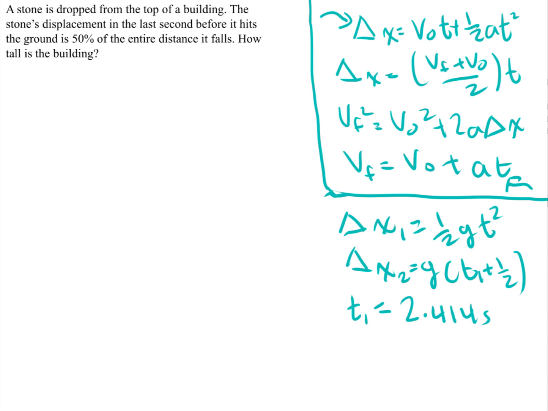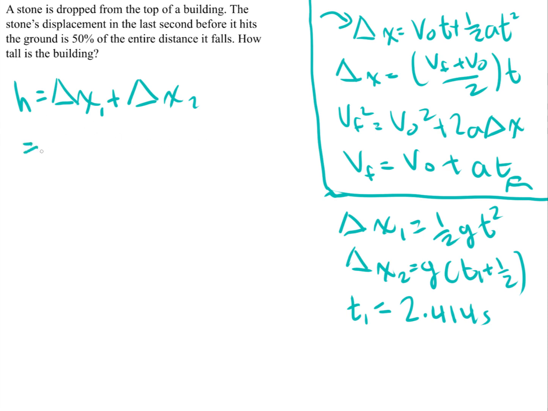Now the rest of the problem becomes pretty straightforward. The total height, which I'm going to call h, is simply the sum of these two displacements. Since they're each 50%, they must add together to give us the height.